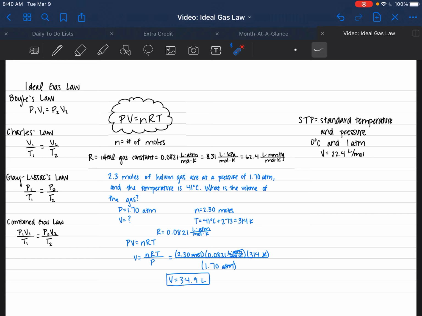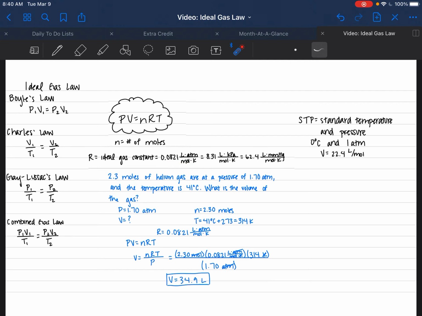Notice all 3 of those have liters, moles, and Kelvin. The only thing that differs is how they're measuring pressure. The second one is for kilopascals, and the third is for millimeters of mercury. You can use any of these 3 R constants, or if you want to, you can just change your pressure into atmospheres and use that first one.